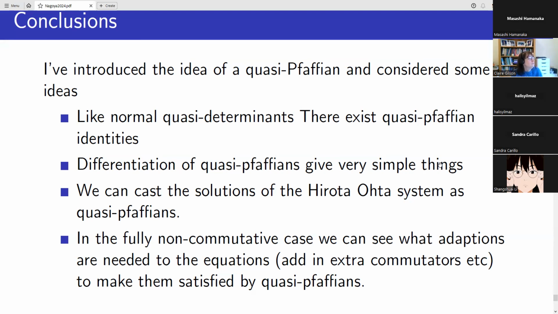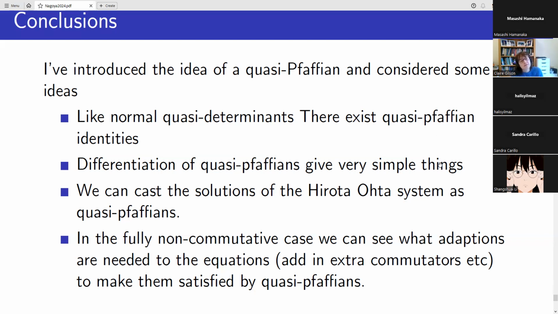So it's the same as quasi-determinants. The quasi-Pfaffian is basically a quasi-determinant. There exist quasi-Pfaffian identities as well, like the determinant identities. I don't think I particularly showed you them today.